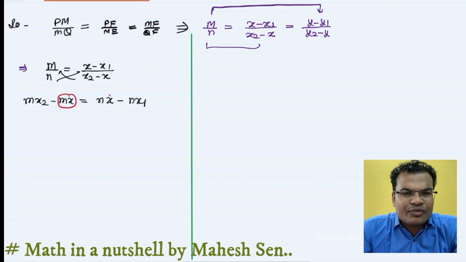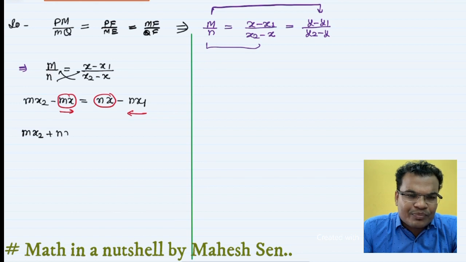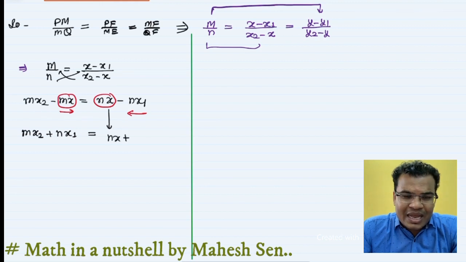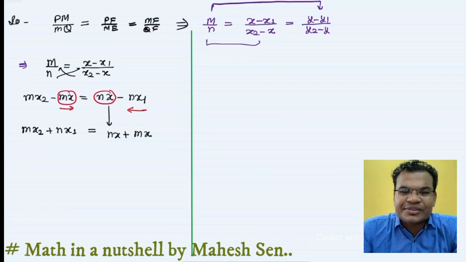After this we'll take like terms together, mx from the left hand side to the right hand side, and nx1 from the right hand side to the left. So mx2 plus nx1 is equal to nx plus mx.